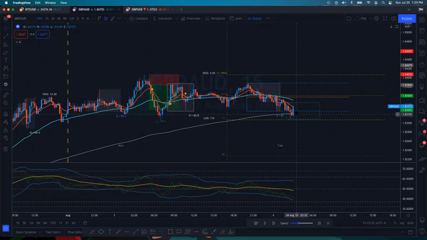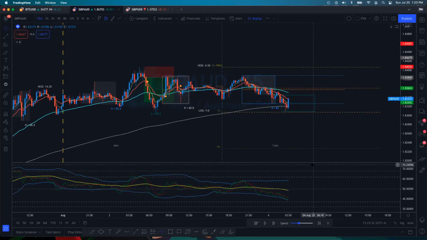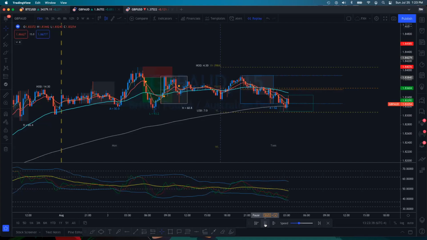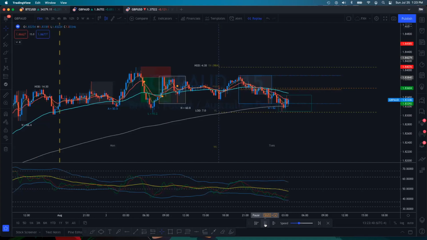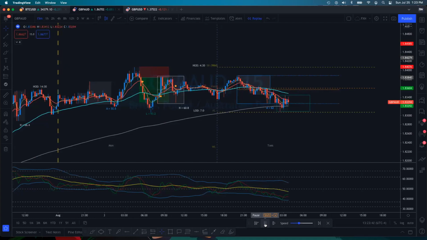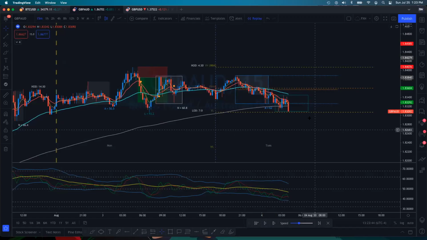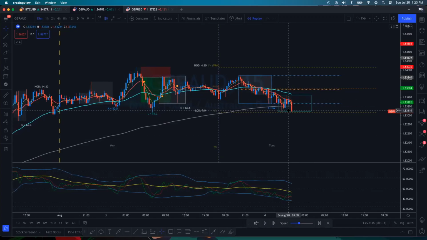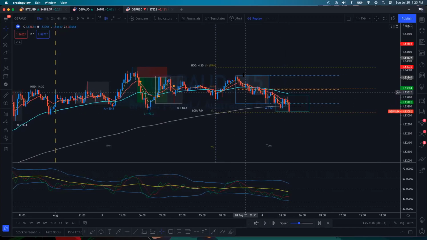But what I really want in my ideal scenario would be for this to come back up, hit that, and then come back down for a type 3. Whether it does that or not, I have no idea. Yeah, I can tell you that this is not going to go back up.